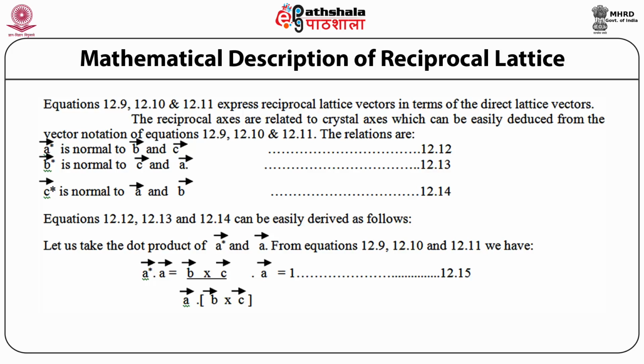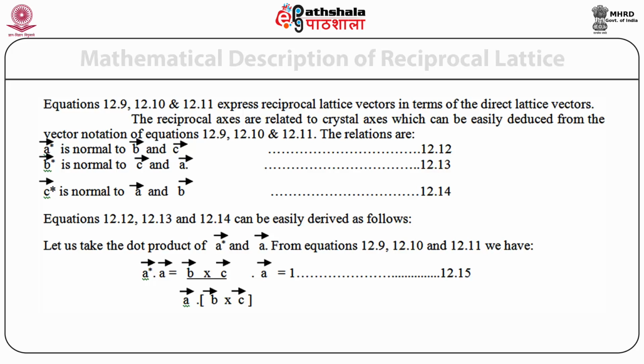Equations 12.12, 12.13 and 12.14 can be easily derived as follows. Let us take the dot product of a* vector and a vector. From equations 12.9, 12.10 and 12.11, we have a* vector dot a vector equal to b vector cross c vector upon a vector dot b cross c, into a vector, which is equal to 1, and put as equation 12.15.